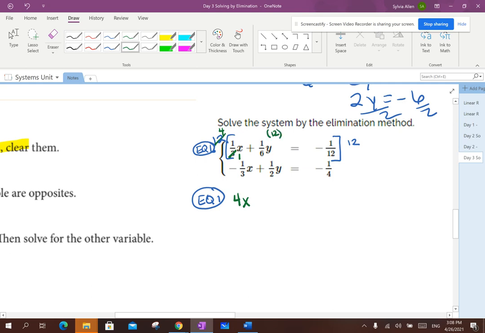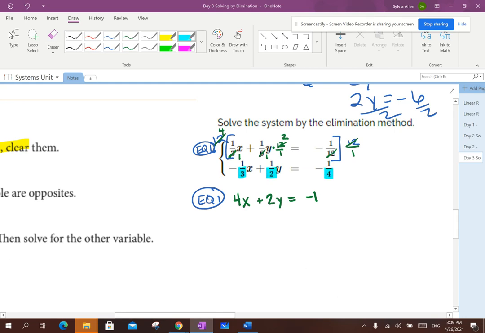So 1 over 6 times 12 goes in twice, so I've got plus 2y. And then the 12 and 12 cancel out, and I end up with negative 1. So equation 1 is rewritten without fractions, and I'm so happy because I don't want to have to deal with fractions. So let's take a look at this second one.